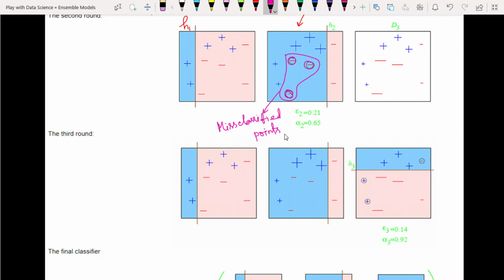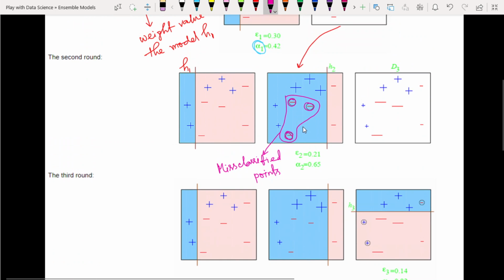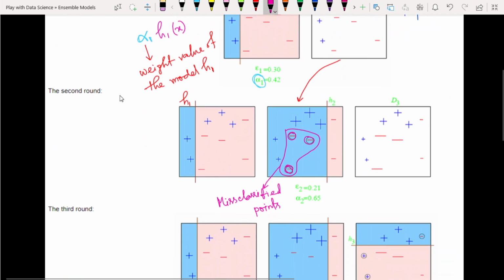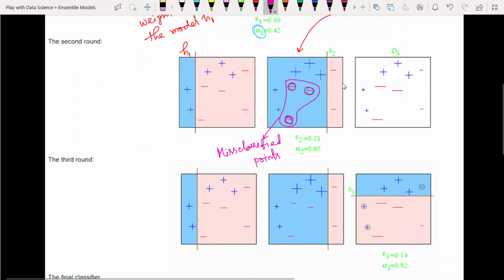These 3 points are the misclassified points. And since these are the misclassified points, now we will give more importance to these misclassified points to generate the next data set D3. Okay, the same job we did in the first round, we also have to do in the second round.